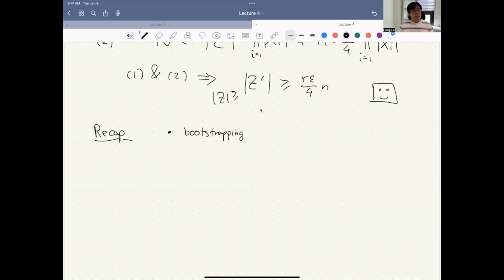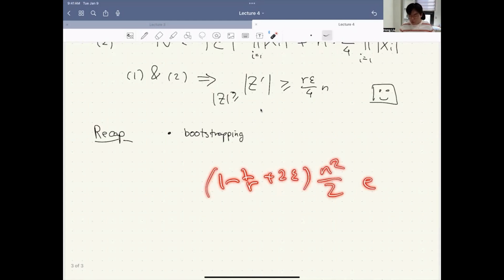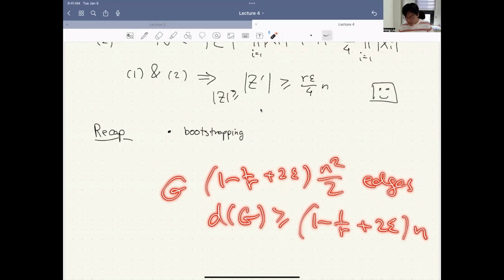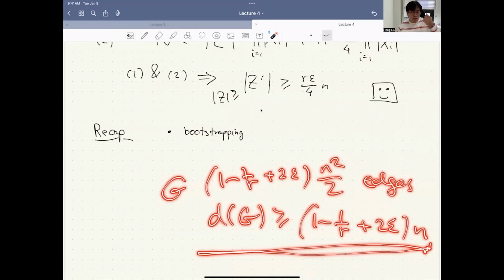You have a graph with (1 − 1/r + 2ε)n²/2 edges, right? What does this mean? This means its average degree is at least (1 − 1/r + 2ε)n, right? We start with the average degree condition, and we bootstrap it, we improve it to a minimum degree condition by losing maybe an epsilon here, passing to a subgraph.